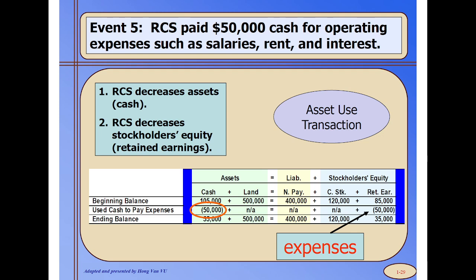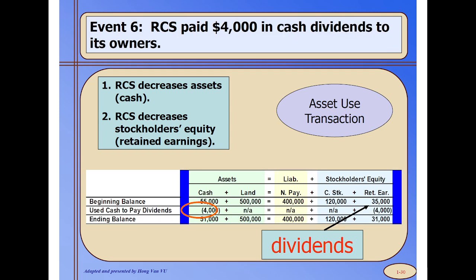This type of transaction we call an asset use transaction, as the assets are used to pay for expenses. Now, finally, the company decided to distribute some of its earnings to the owner, so we have paying a dividend of 4,000 by cash.